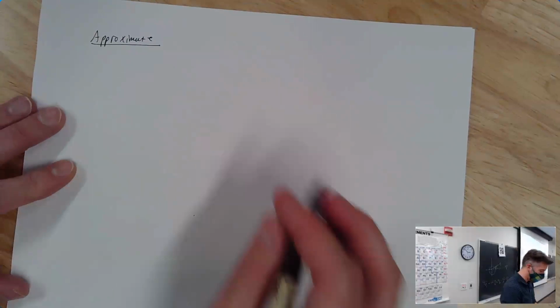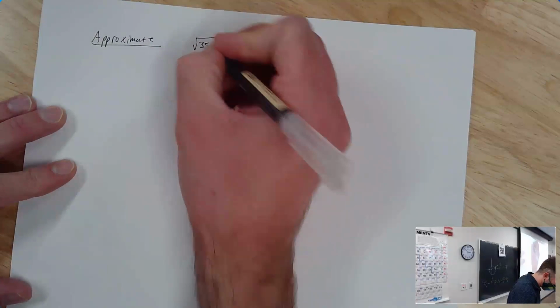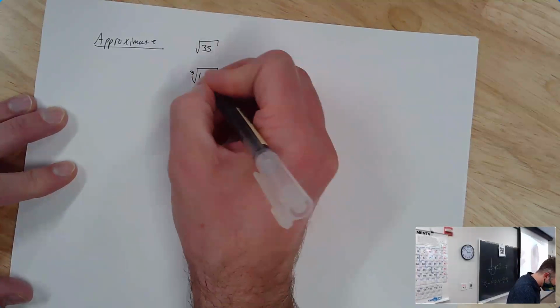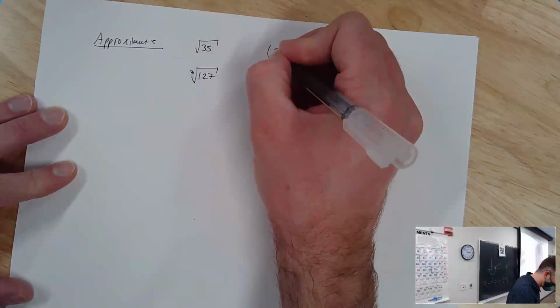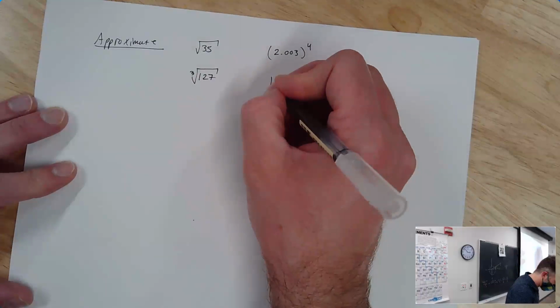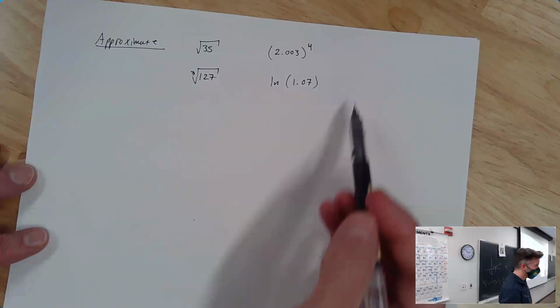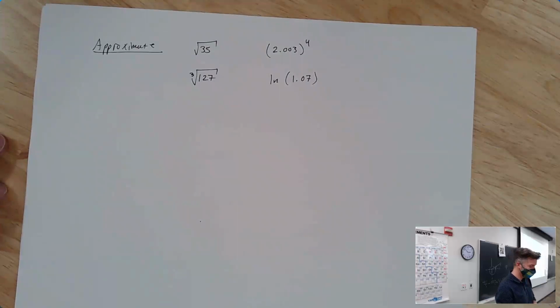I could say approximate the square root of 35 or the cube root of 127 or something like 2.003 to the 4th or the natural log of 1.07. These are all good examples of things that you should be able to do an approximation of using a linearization.